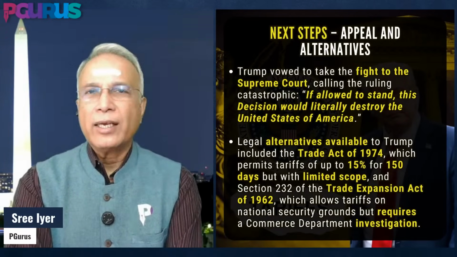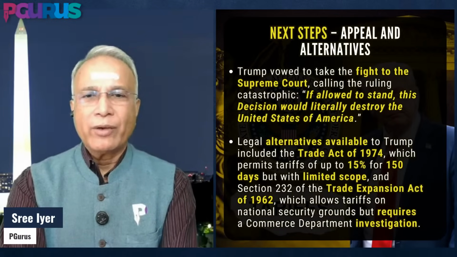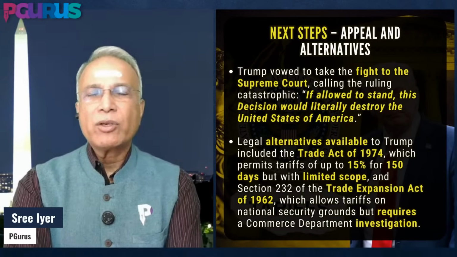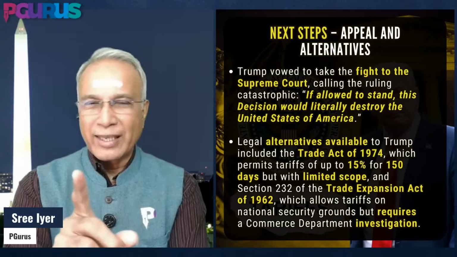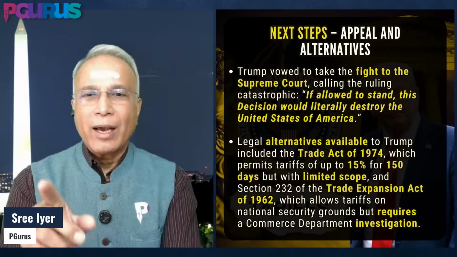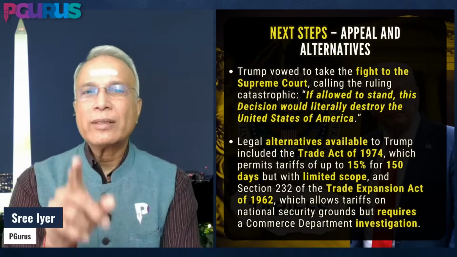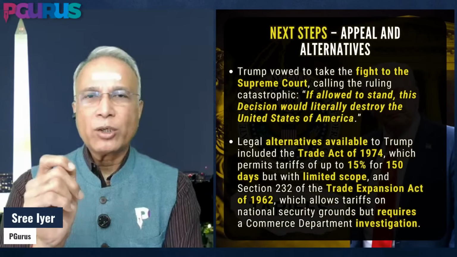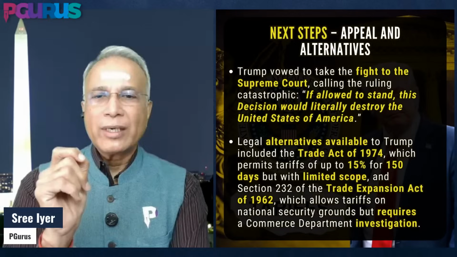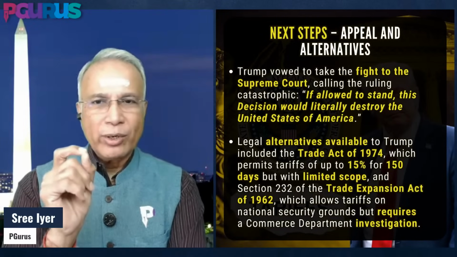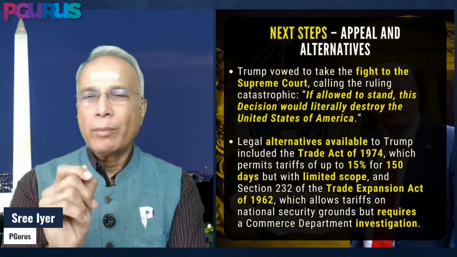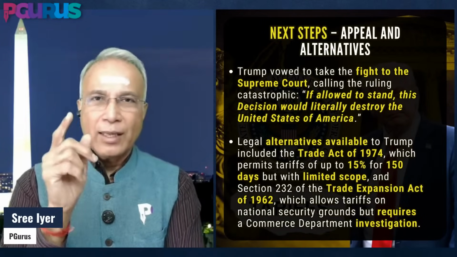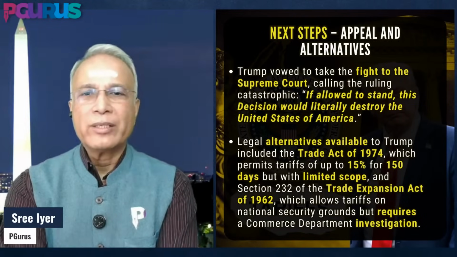Now, there are other legal alternatives available, for example, using the Trade Act of 1974, which permits tariffs of up to 15%, not numbers like 50, for 150 days, but with limited scope, and Section 232 of the Trade Expansion Act of 1962, which allows tariffs on national security grounds, but requires a Commerce Department investigation, which means it would have to be done on a case-by-case and country-by-country basis.